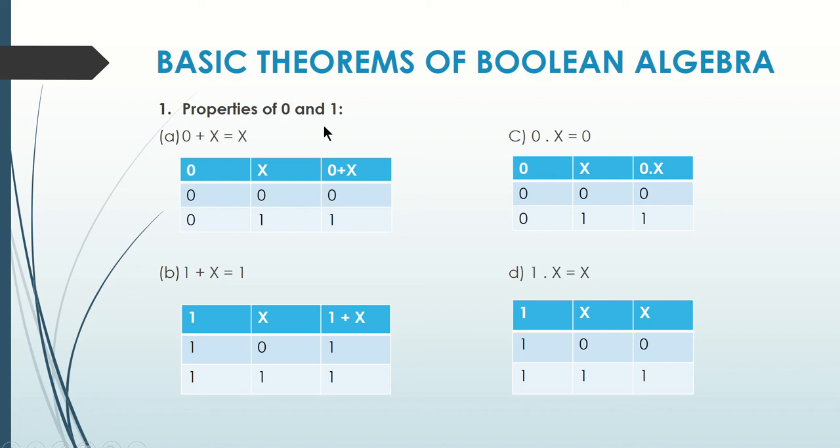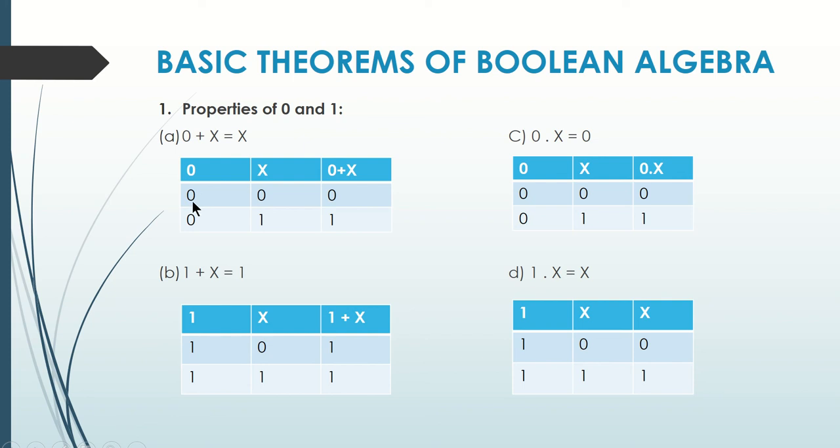The first theorem states that 0 plus x is equal to x. That is, when you add a value to 0, whatever value you are adding is the result. So how will you write the truth table for this? 0 is one column and x is another column, and then you check the result.